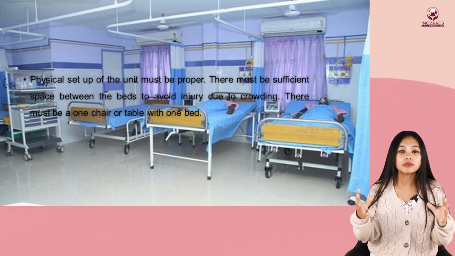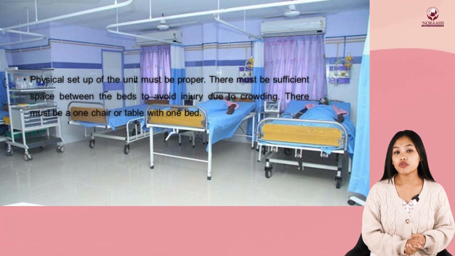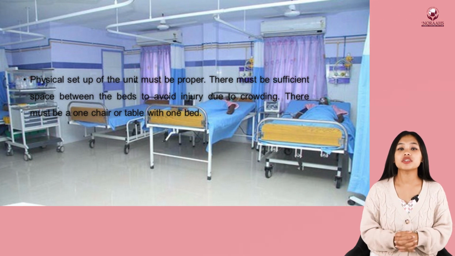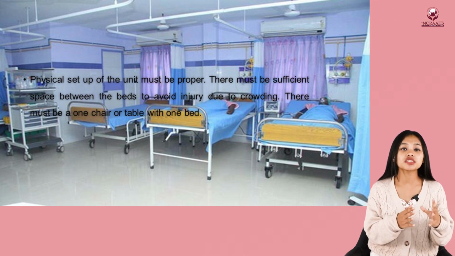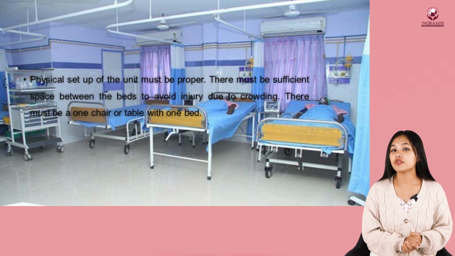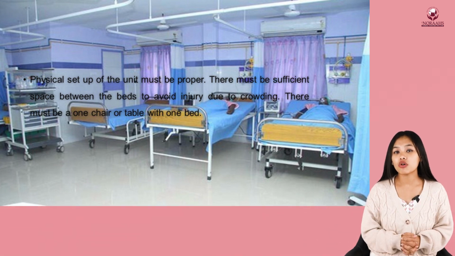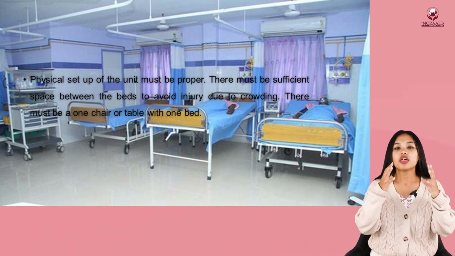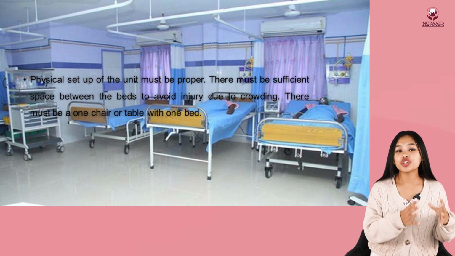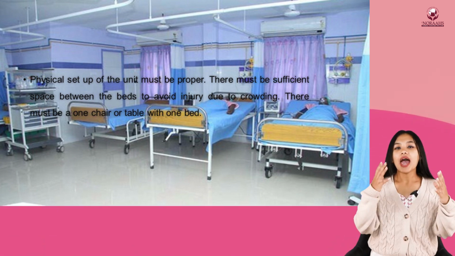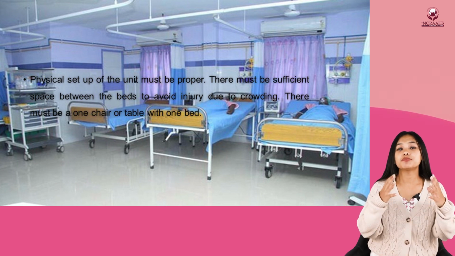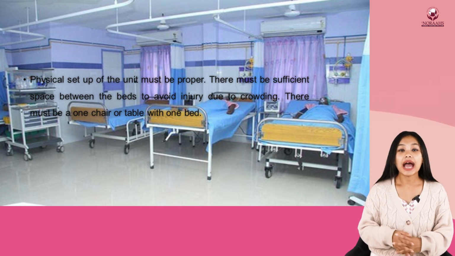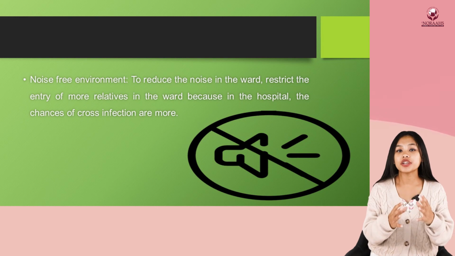It must not look clumsy or be overcrowded. There must be sufficient space between the beds to prevent any injury which can be caused by overcrowding. There must be one chair and one table with the bed, and any extra things must be removed from the unit.